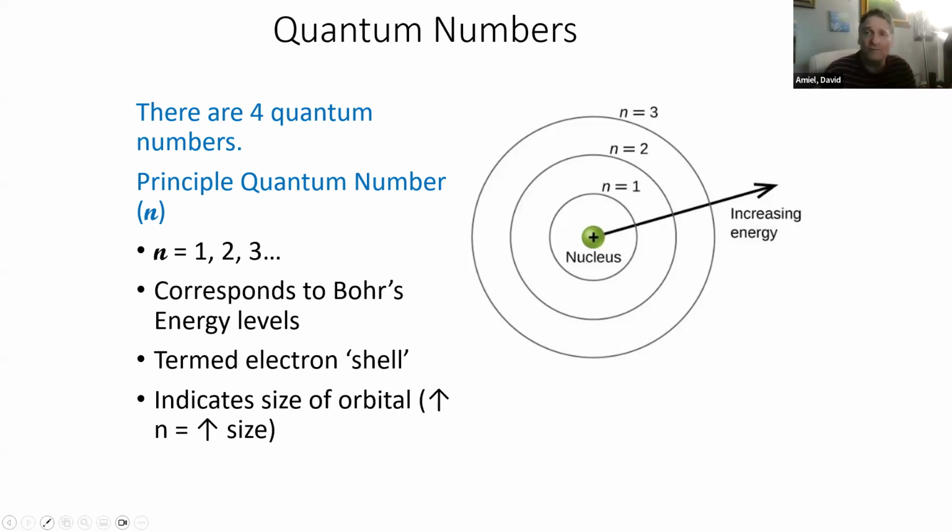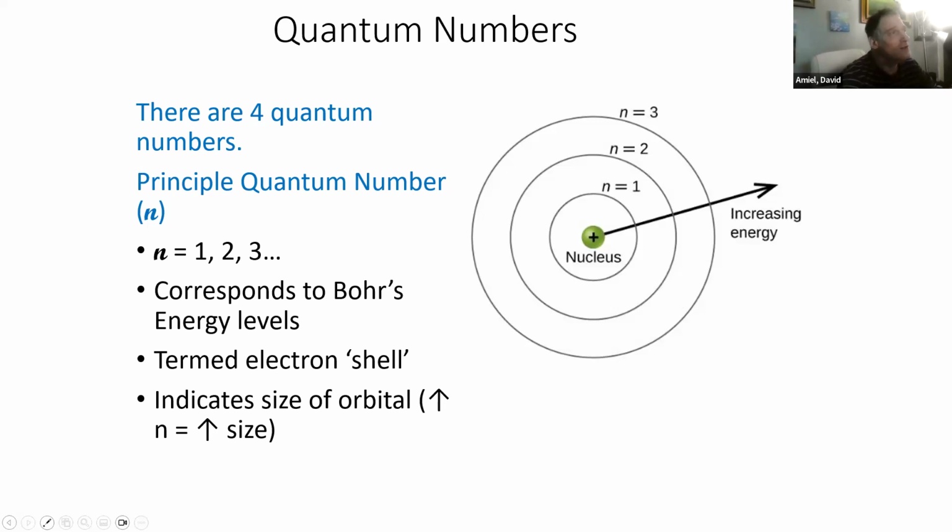You can think of the quantum numbers as an address. The country, the state, the city, the street, and so forth. So we're only talking about the solutions to the fundamental quantum mechanical equation.